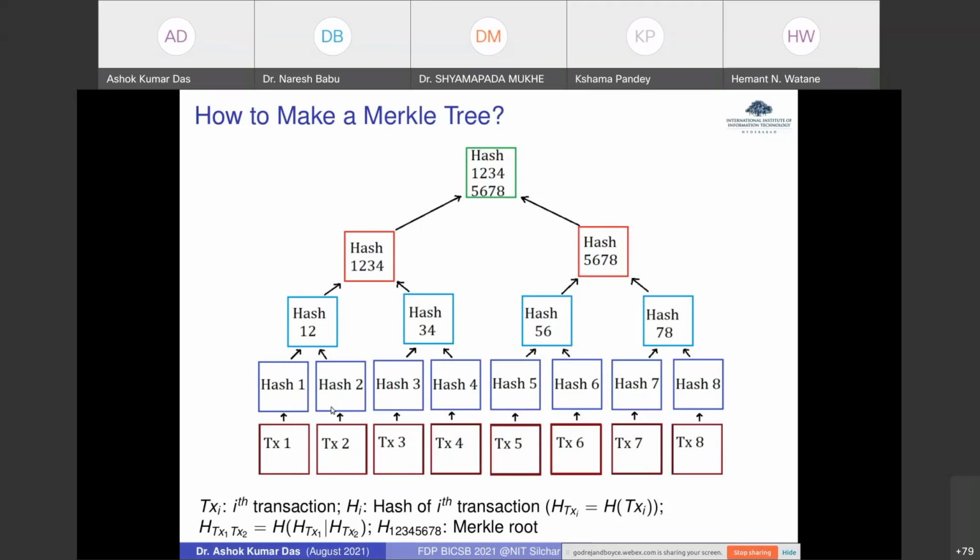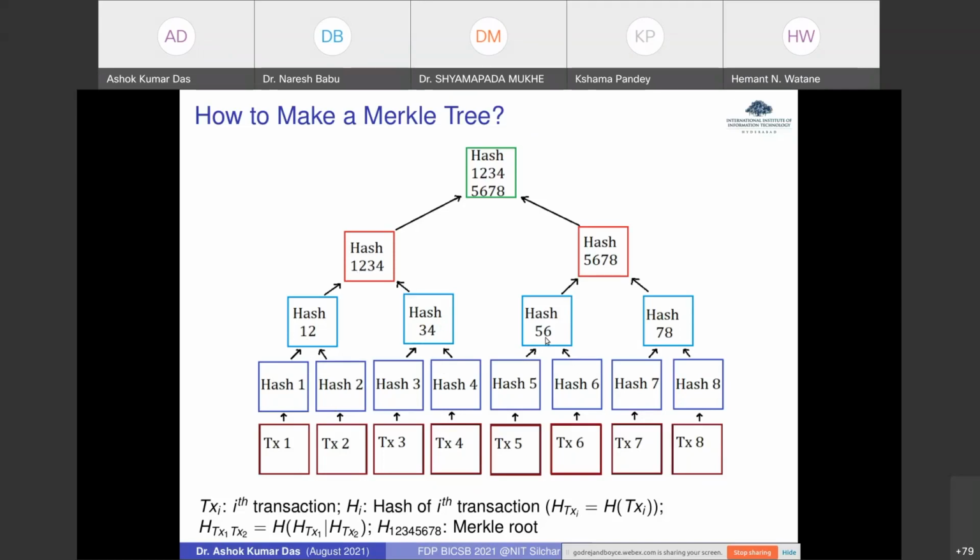Once we have all the hashes of the transactions, we compute the hash of 1, 2 using hash of 1 and hash of 2. Similarly, for hash of 3, 4, we use hash of 3 and hash of 4. Then, once we have hash of 1, 2 and hash of 3, 4, we compute hash of 1, 2, 3, 4.